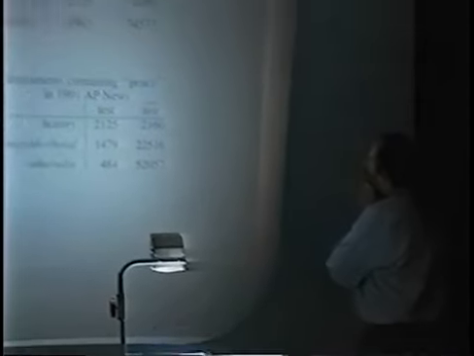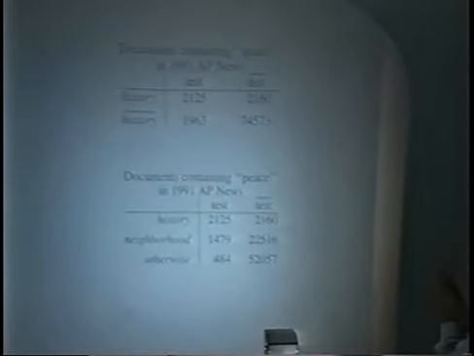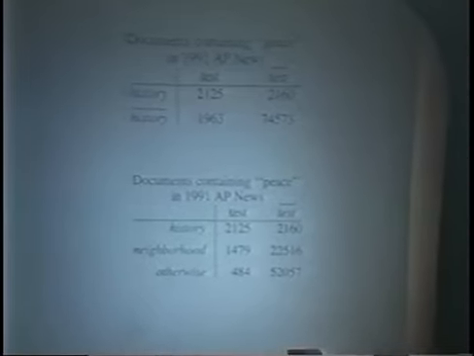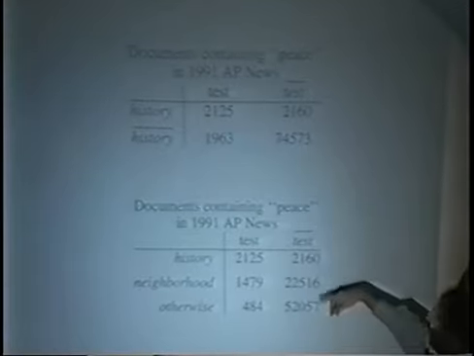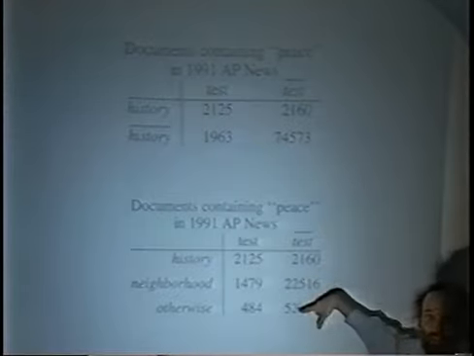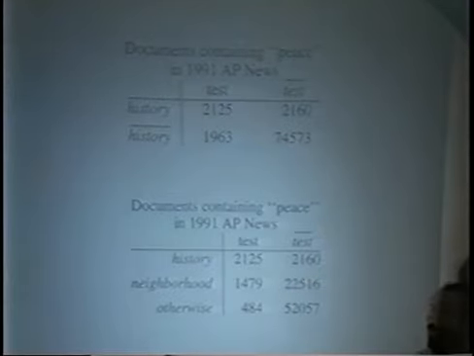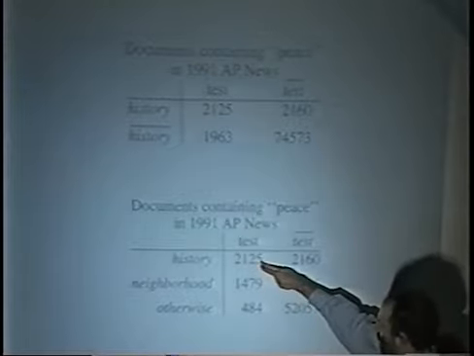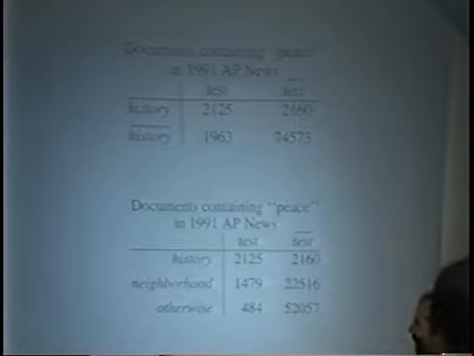Now, what we had before for this word peace was a 2x2 contingency table. Now I've broken out that bottom line into two more lines, so I have a 3x2 contingency table. I think it's straightforward.